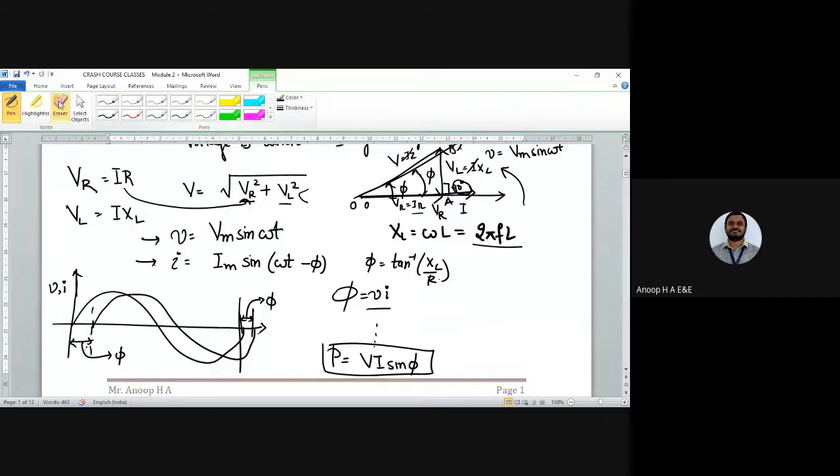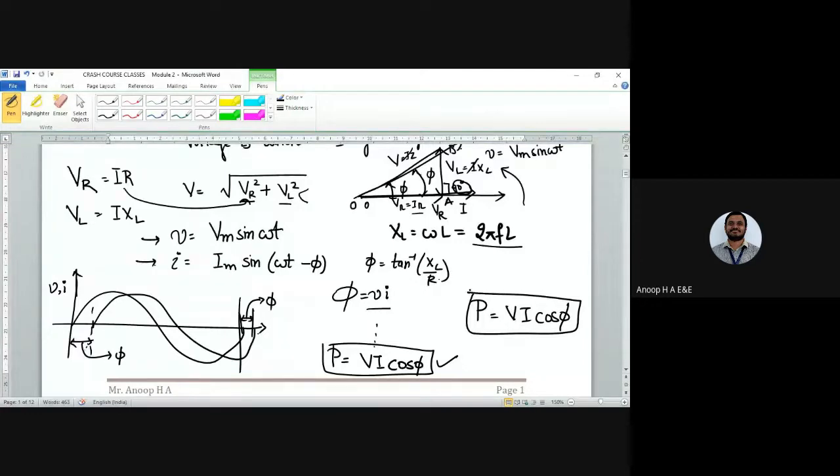Sorry, one minute, I just wrote the reactive power. So P equals V into I cos phi is the power equation of a single phase AC circuit, whether it is a series RL, series RC, or series RLC circuit.